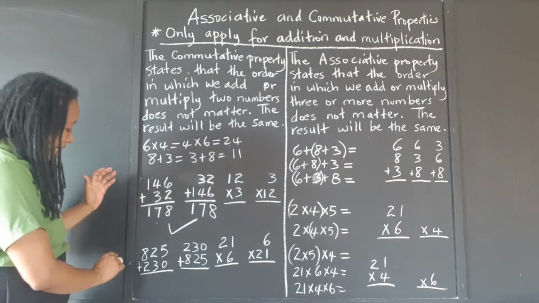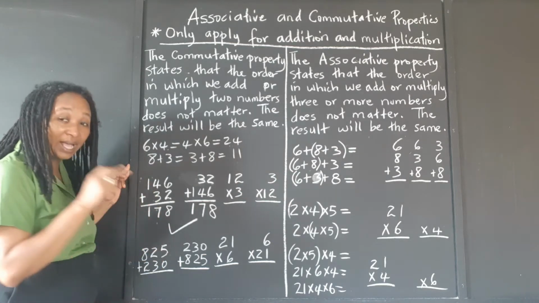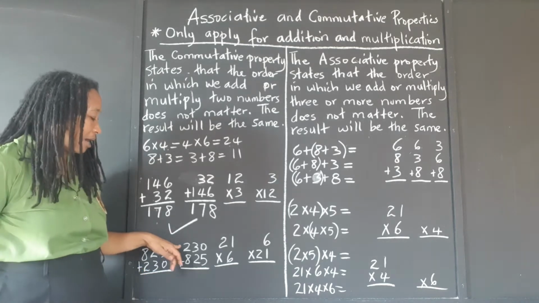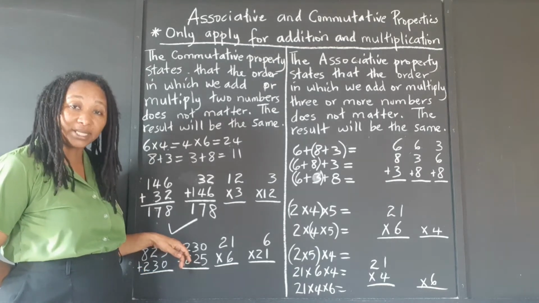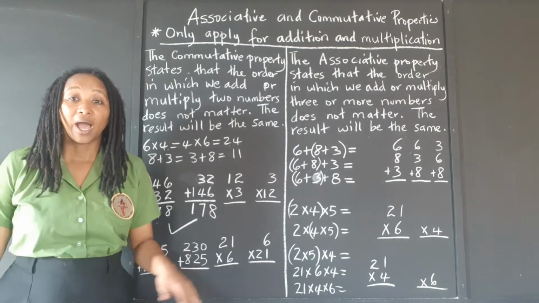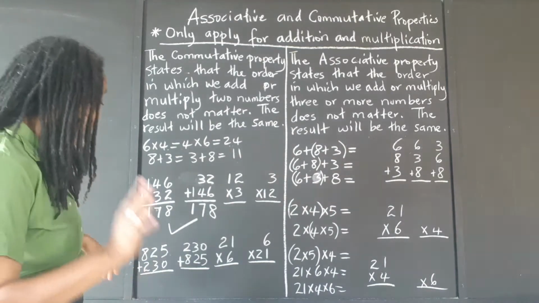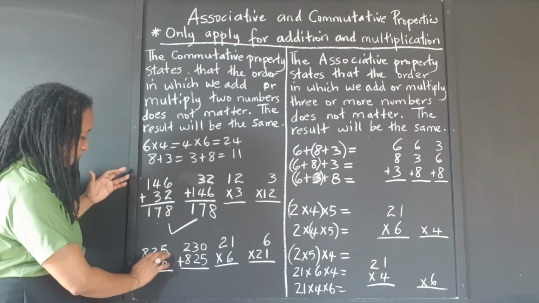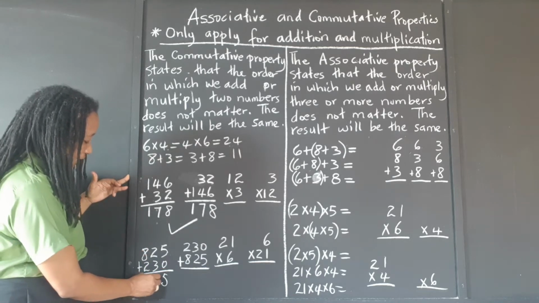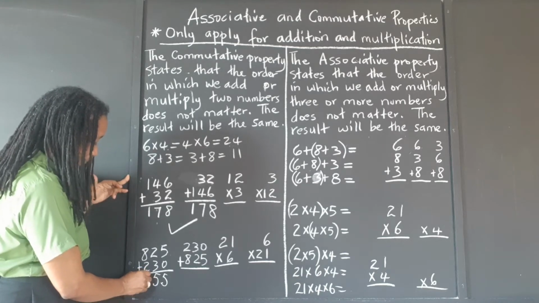So we're going to start with 825 and then add 230. And we're going to start with 230 and then add 825. And we're going to see if we get the identical answer, the same answer. 5 plus 0 is 5. 2 plus 3, 5. 8 plus 2, 10.